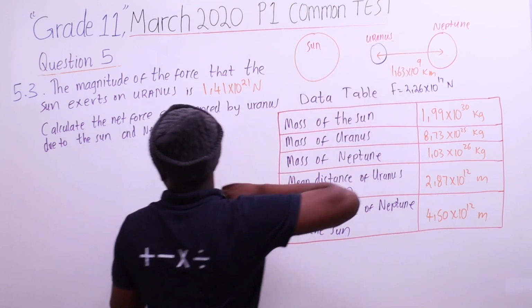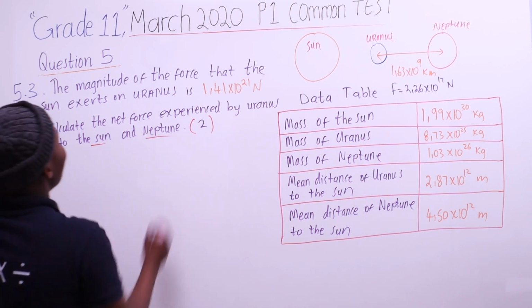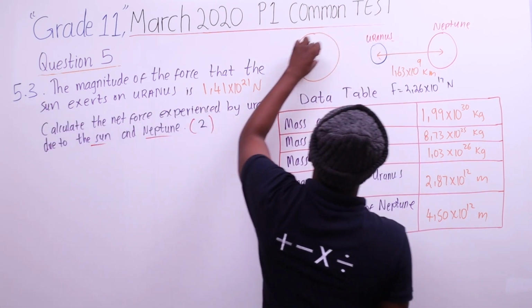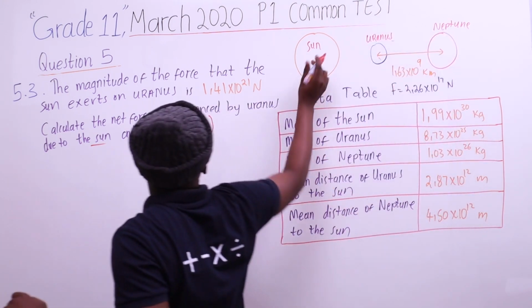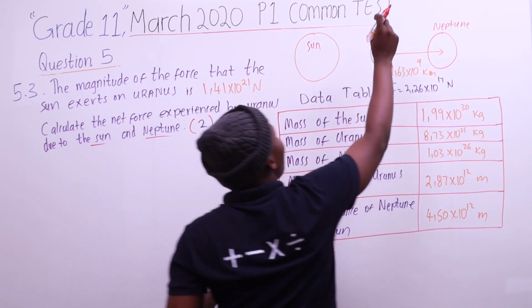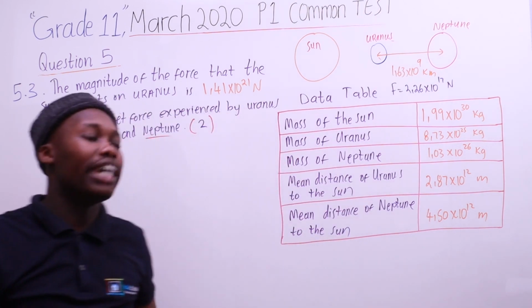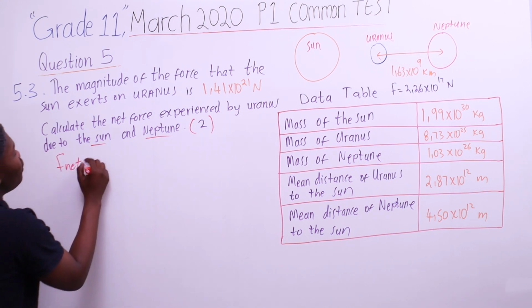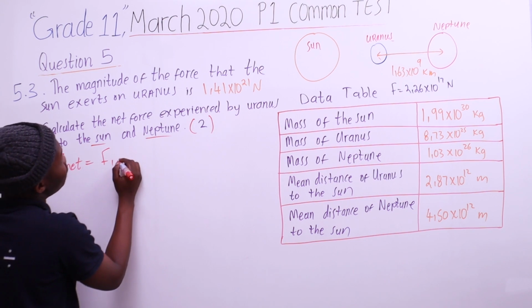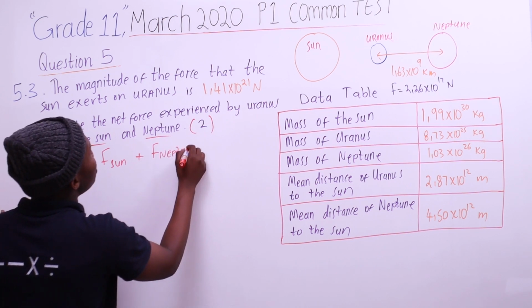Then, calculate the net force experienced by Uranus due to the sun and Neptune. This means one force pulls this way and the other that way at the same time. So the force from the sun to Uranus is negative, and the force from Uranus to Neptune is positive, or the other way around. So F net is equal to F1 plus F2, the force of the sun plus the force of Neptune.